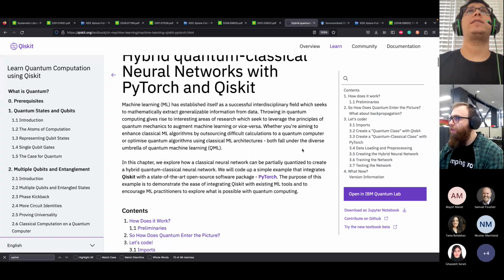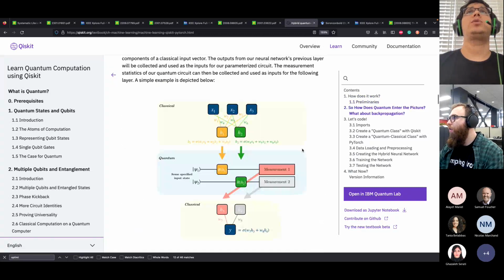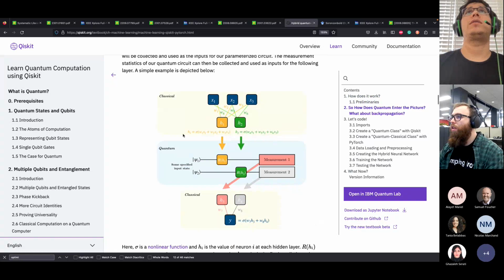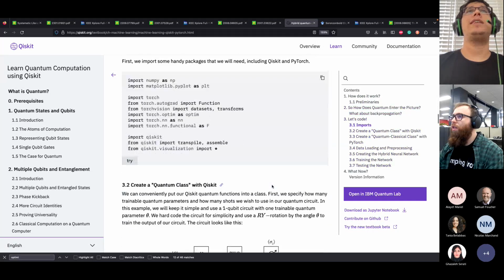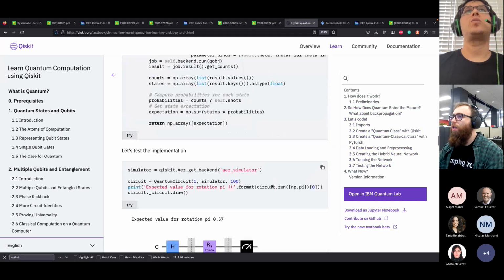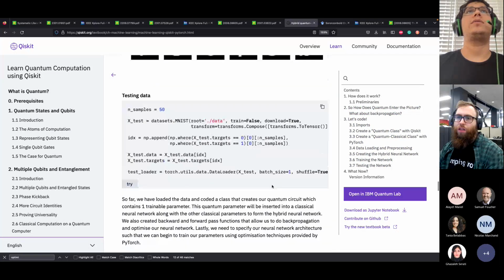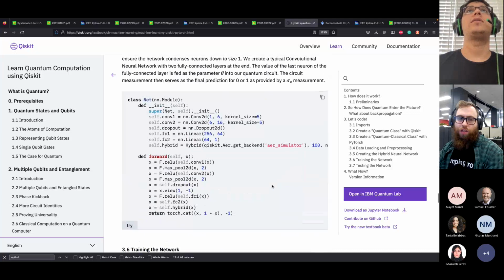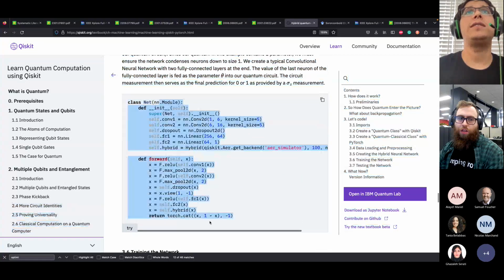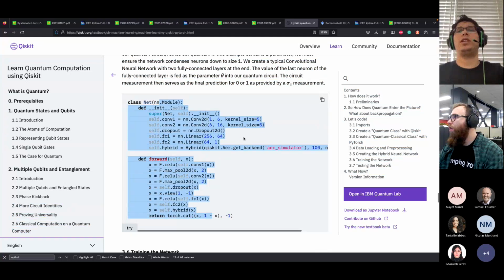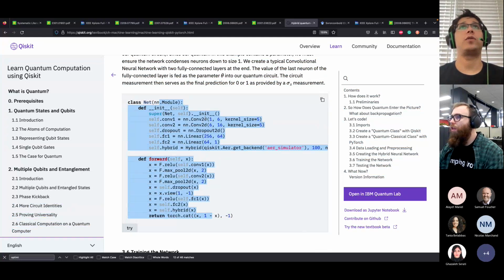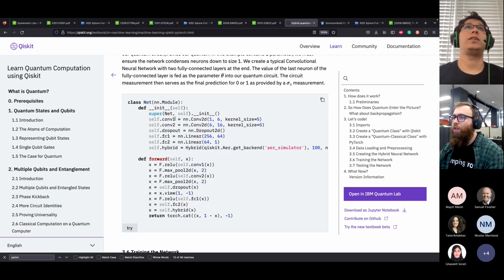This hybrid quantum classical neural network will help you go into a little bit of the details of how a neural network is built in this part here. So this is what you will need to know for neural networks for now. Basically what you do is you define your layers, and then you do a forward pass.